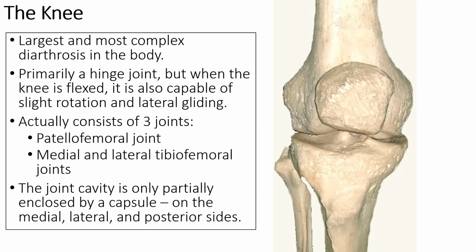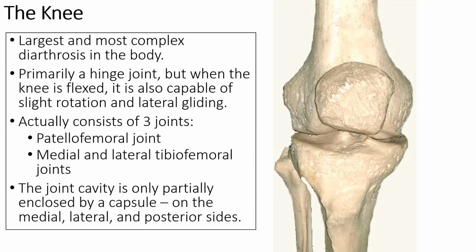The knee itself actually consists of 3 different joints. It is the conjunction of the patella and the femur, and it is the conjunction of the tibia and the femur at 2 different locations. It is not a true synovial joint in the sense that it's not completely surrounded by a capsule.